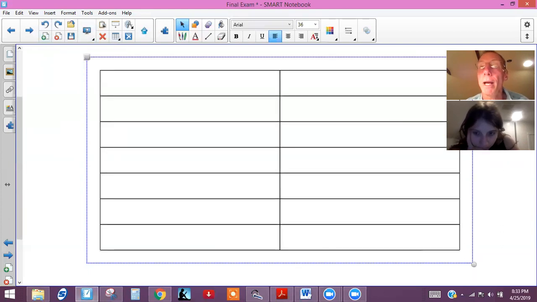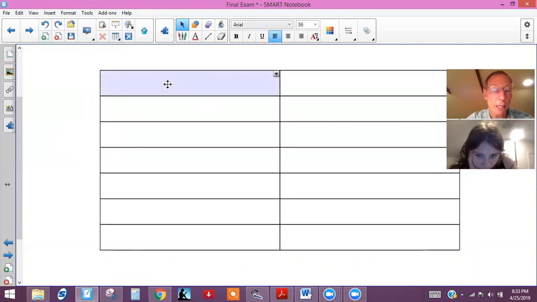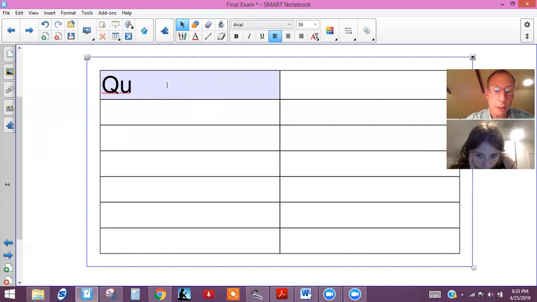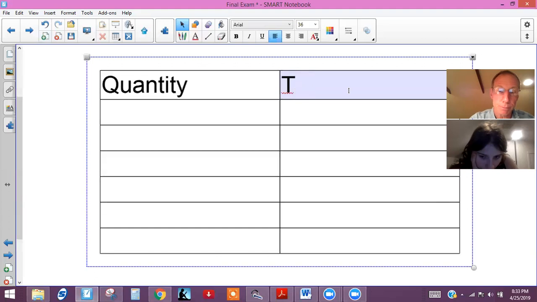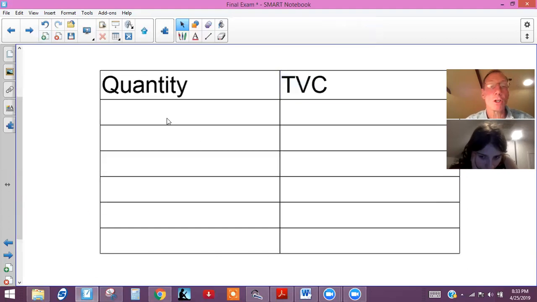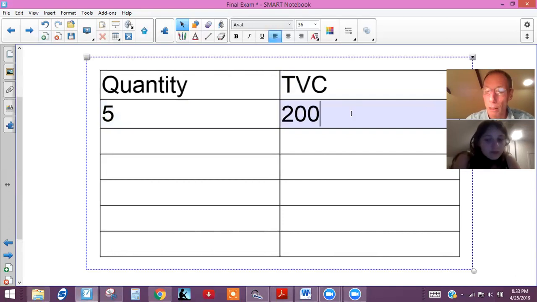So if you have quantity here, and total variable cost over here, and this is a quantity of, let's say, 5, and this is $200.